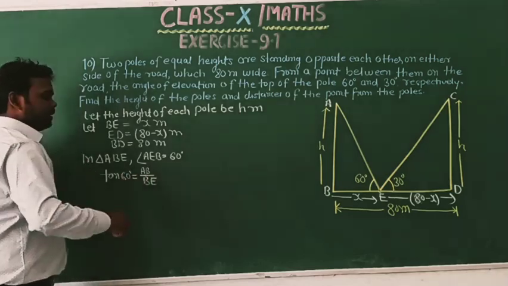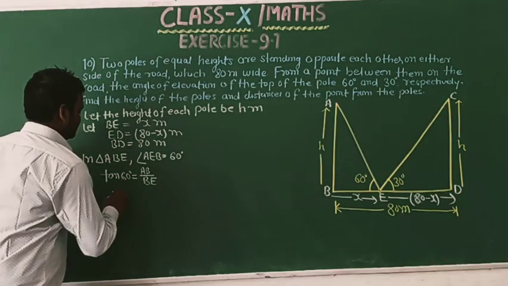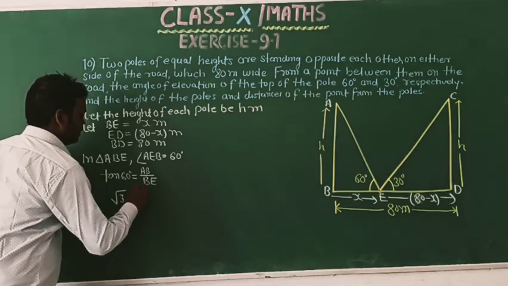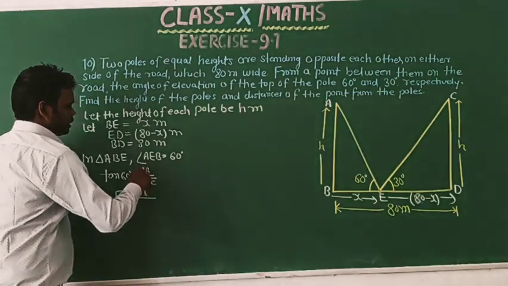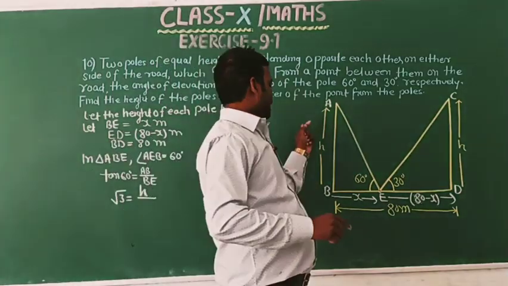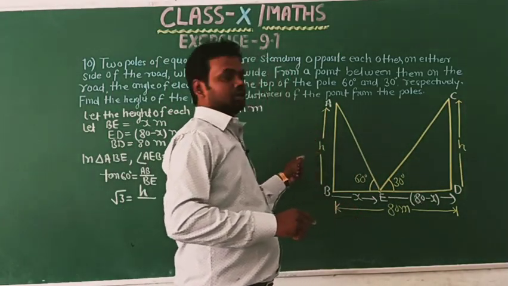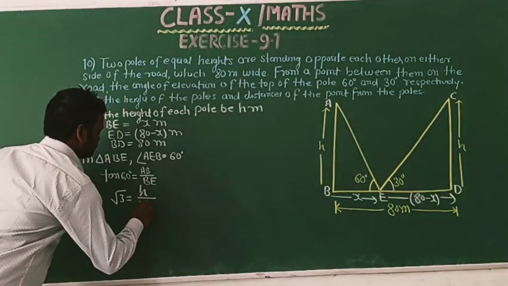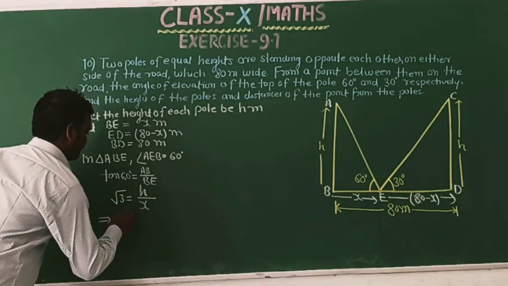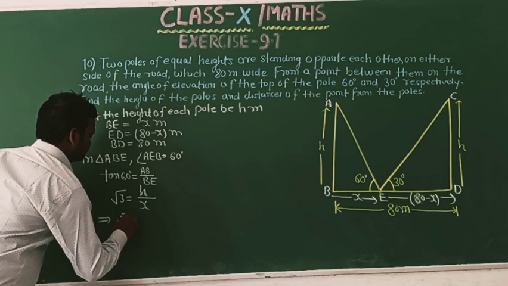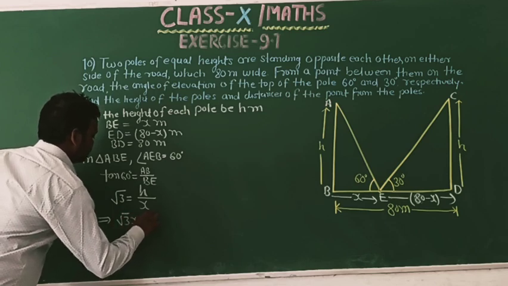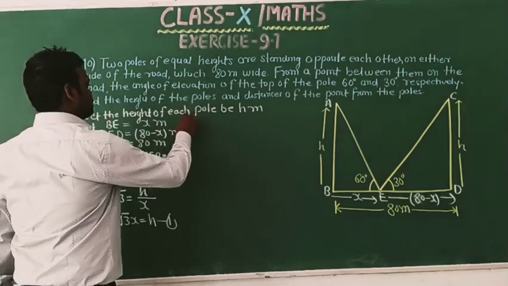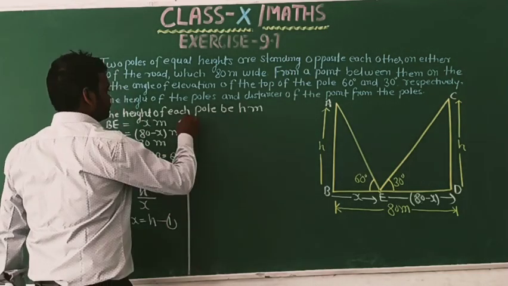The value of tan 60 is root 3, equal to AB, the height of the pole, which is h, by BE, which is x. So root 3 equals h by x, that is h equals root 3 x. Suppose this is equation number 1.